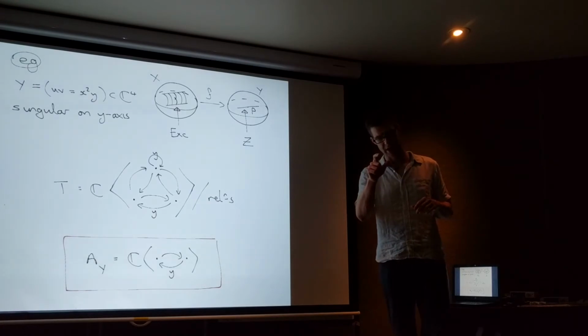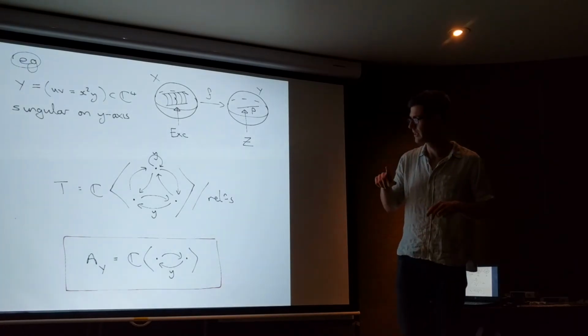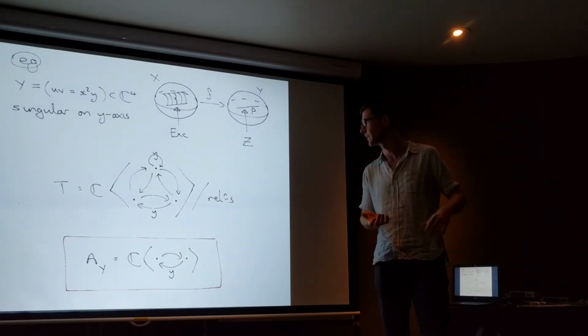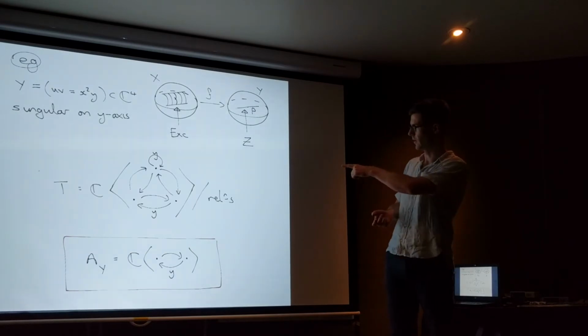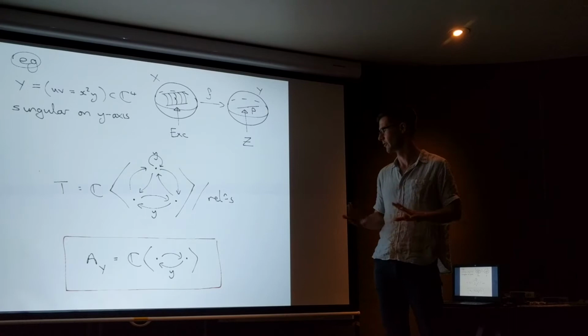So in particular, there are length 0 paths corresponding to the vertices, and those are just the projections onto those three summands. And there are other paths, some of which I've labeled, and some relations which I've not given.